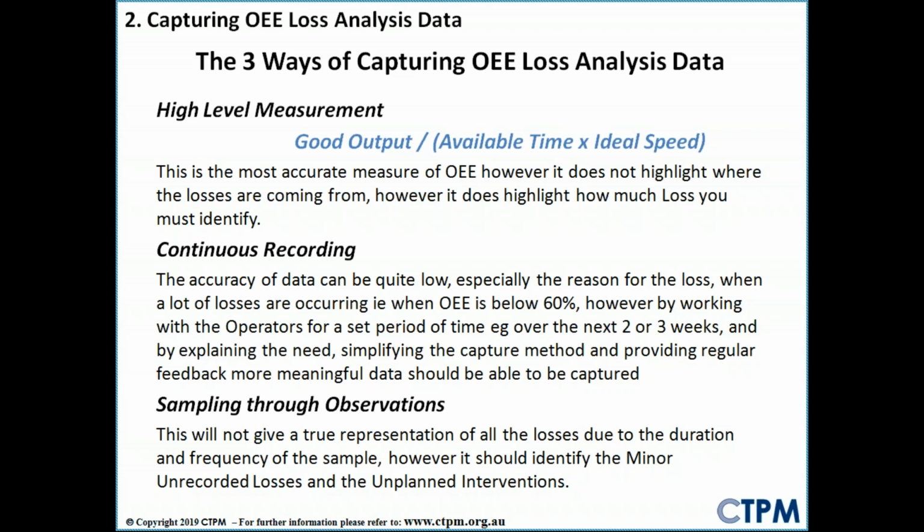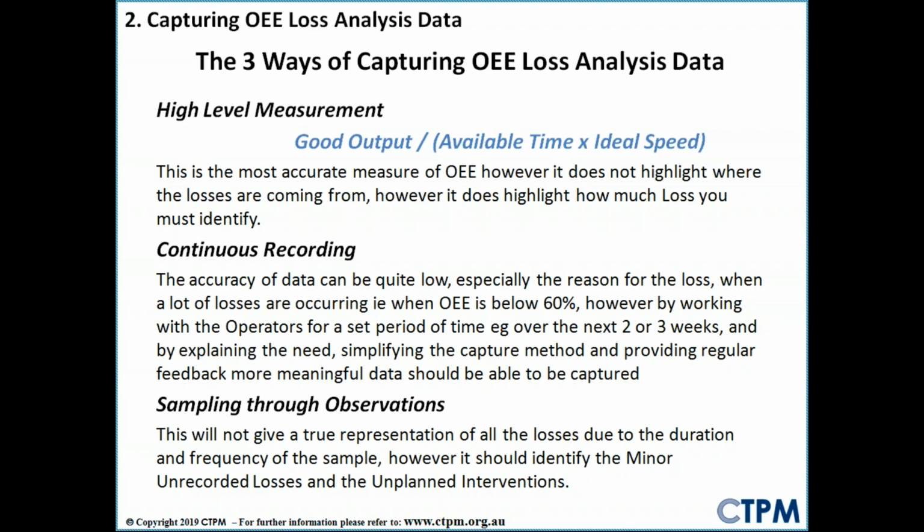For example, you have your high-level measure, which is the most accurate measure of OEE. It doesn't highlight where the losses are coming from, but it does highlight how much loss you must identify. So by getting how much good output you made, for example, the shift, the available time, which is the time the people were at work, so that's the whole shift typically, and the ideal speed, which is the speed that the line should be able to run at if it's got the best raw materials, best feed, best operator, best ideal conditions, without redlining the machine, of course.